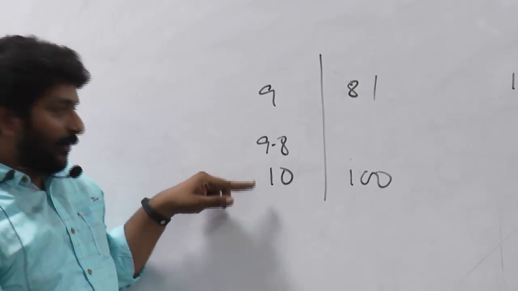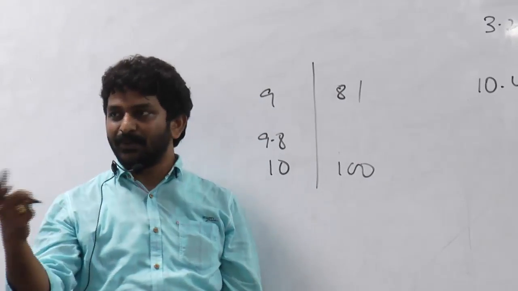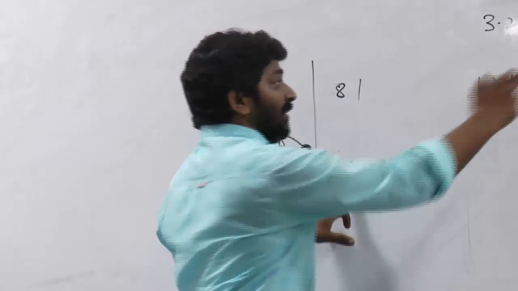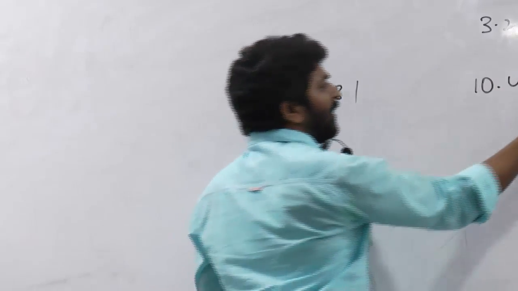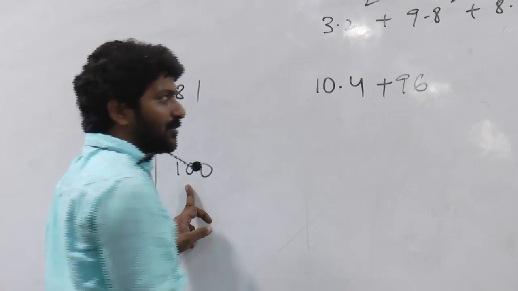You have 9.8, which is 2 parts less than this. So if 10 parts is equal to 19, 1 part is 1.9, 2 parts is 3.8. 9.8 square should be 3.8 less than this. So I'll write it as 96.2 only, right? No issue.